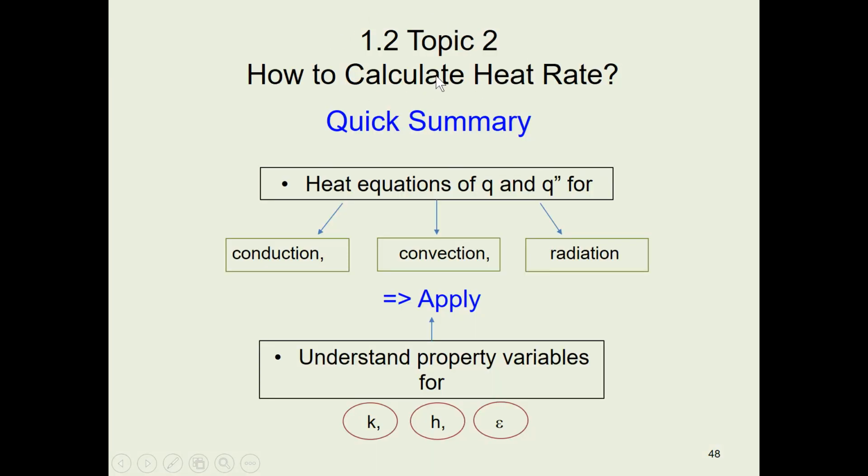At this point, we covered topic 2. If we do a quick summary, here is the key point. We provided 6 heat equations for heat rate and heat flux, and introduced 3 new variables.